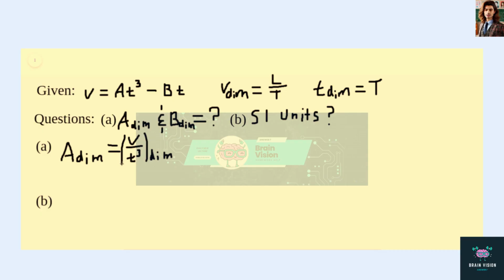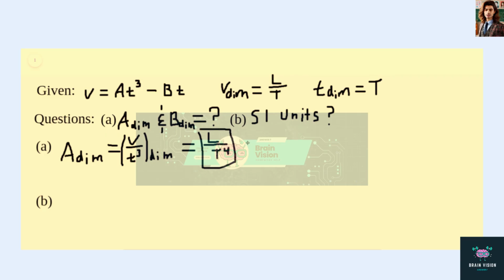Parentheses around that. Okay, well, v over t to the third is L over t to the fourth as far as dimensions go. So let's write this in terms of the dimensions. It's L over t to the fourth. So those, L over t to the fourth, are our dimensions of A. Go ahead and box that in for our dimensions of A.